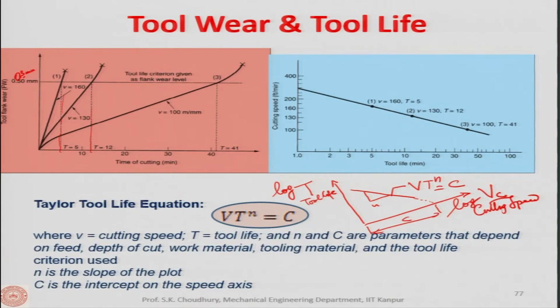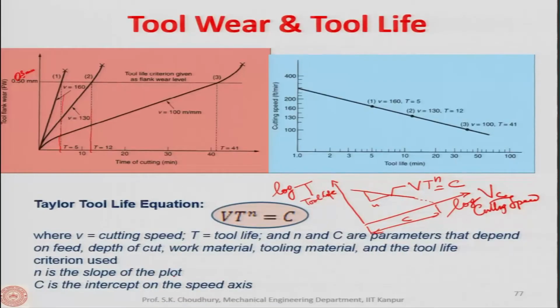n and C actually depend on the tool and the work material combination. n is the slope of the plot, C is the intercept on the speed axis. So we have the velocity axis here, and that intercept is the C, because you understand that here t is equal to 1, since we have taken the log.